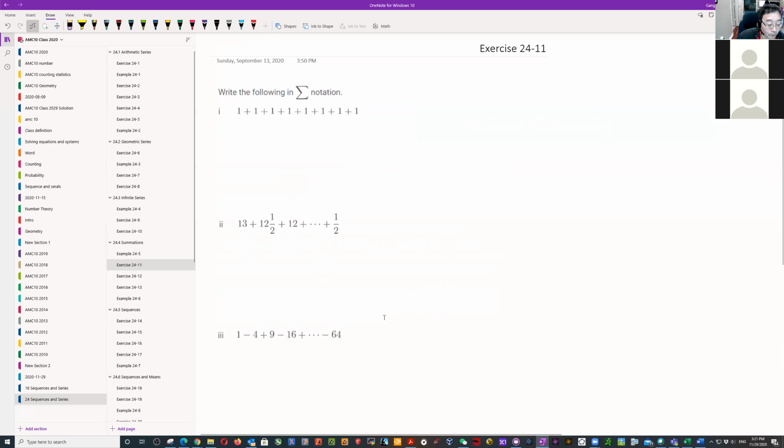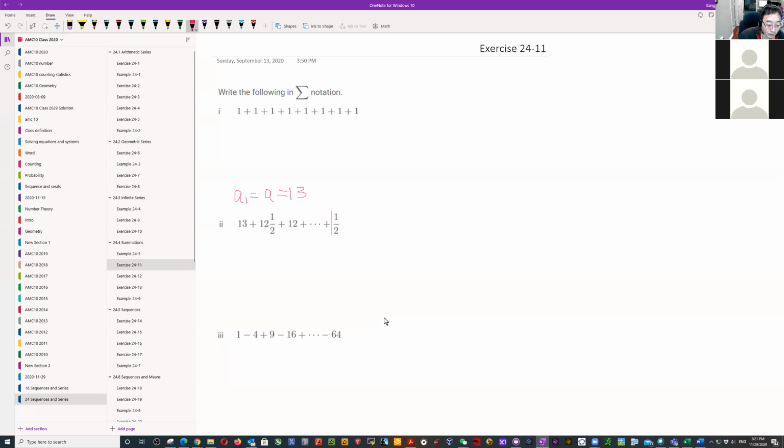So I'm going to do one more example. Let's go to the next topic. For example, for this one, basically it is an arithmetic series. And in the arithmetic series, the first term A1 is equal to 13.